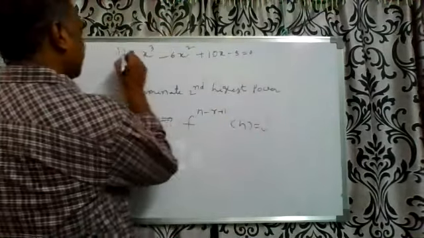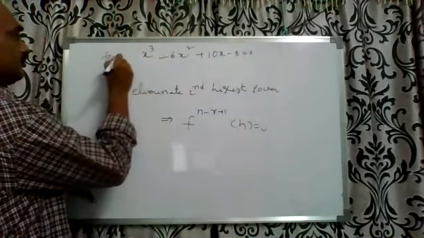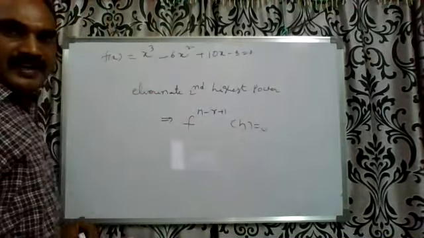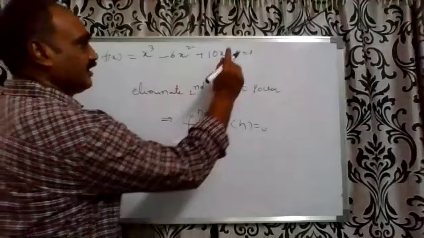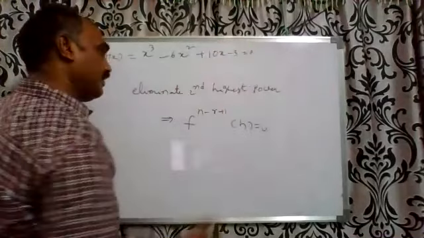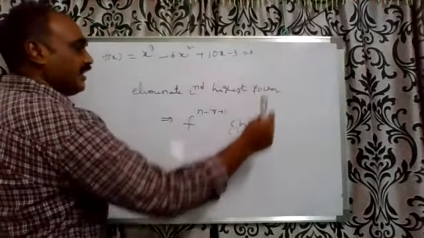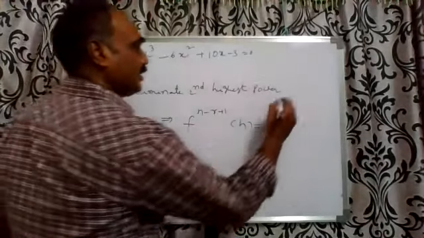This is f of x: f of x is equal to x to the power of 3 minus 6x square plus 10x minus 3.